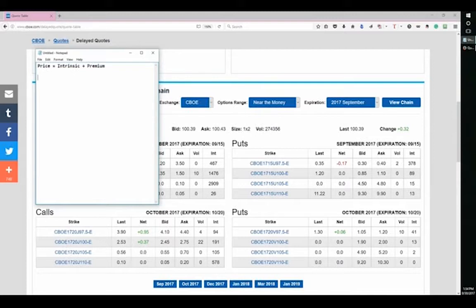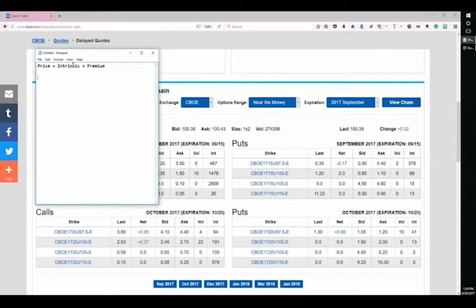Some people call premium extrinsic value. Usually those are academic nerds like yours truly. Some people call it time value, but I don't like to use that name. It's a misnomer because it's got a lot more in it than time. So whenever you look up a price, there are these two components in that price: intrinsic and premium.